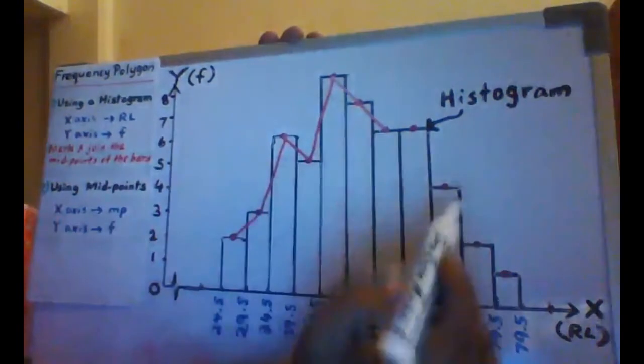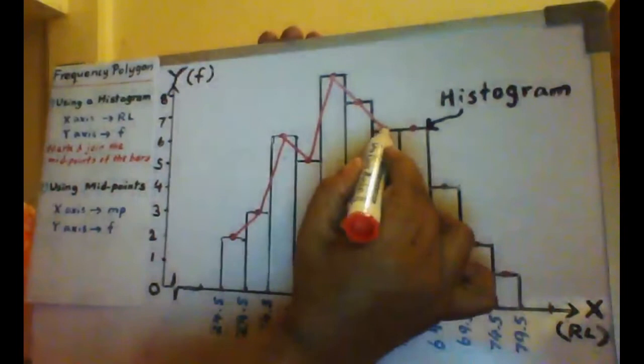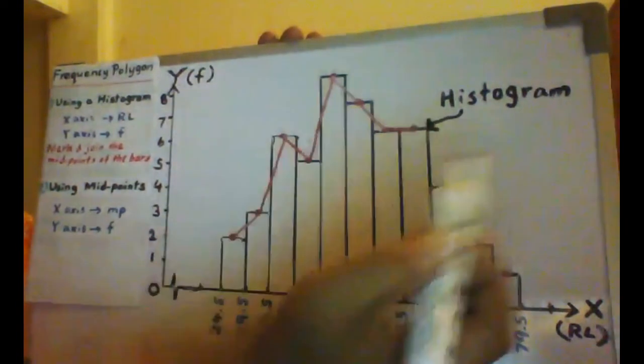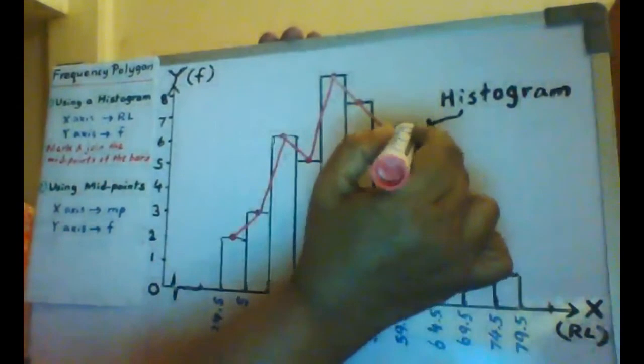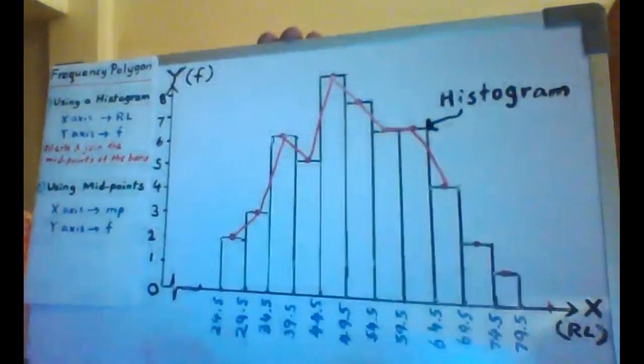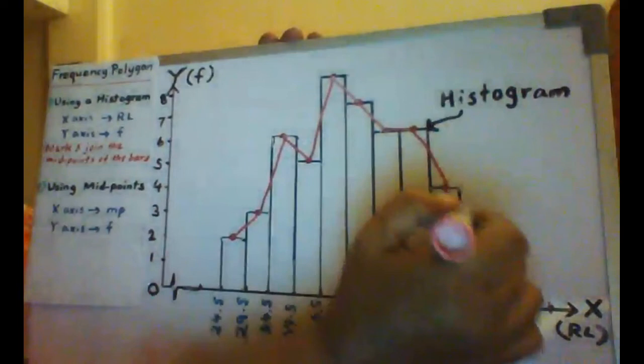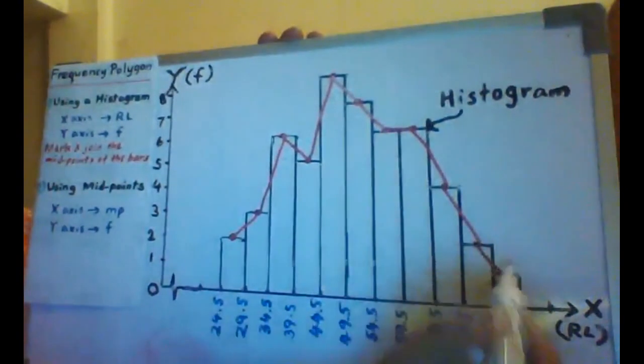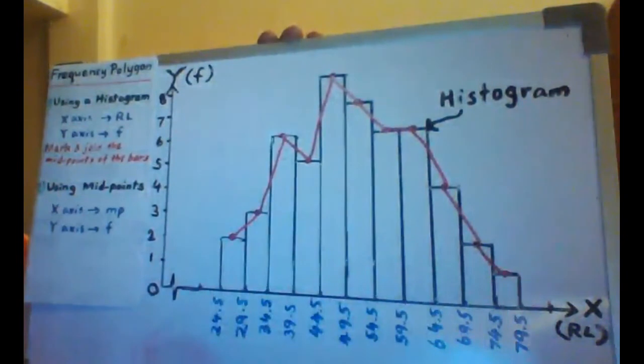Now these two, there are two equal bars like this. If there are three, you have to join all three points. All right, you have joined them.